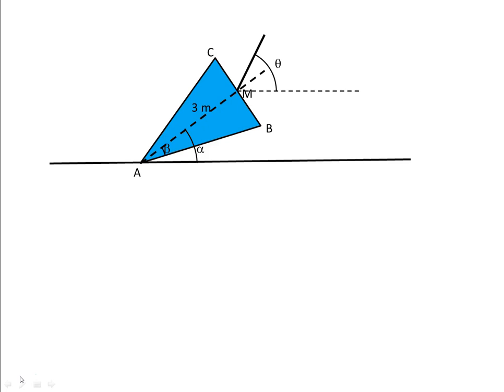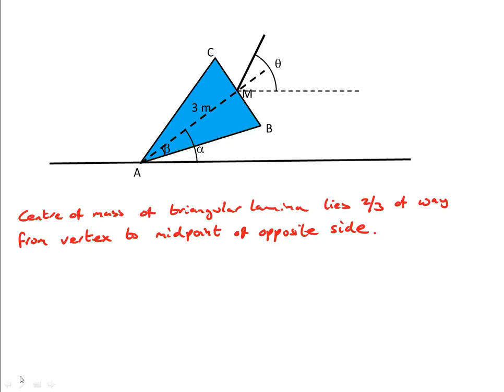For a triangular lamina, the centre of mass is 2/3 of the way along any median, and the median is the line that joins a corner of the lamina to the midpoint of the opposite side. We're told that AM is 3 meters, so the centre of mass is going to lie 2 meters from A and 1 meter from M on the line AM.